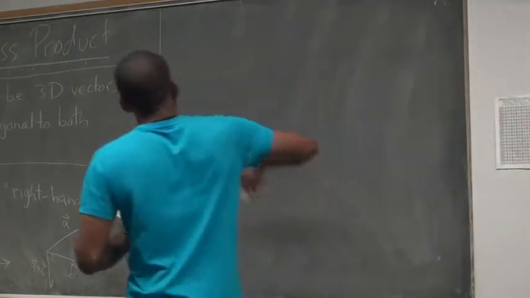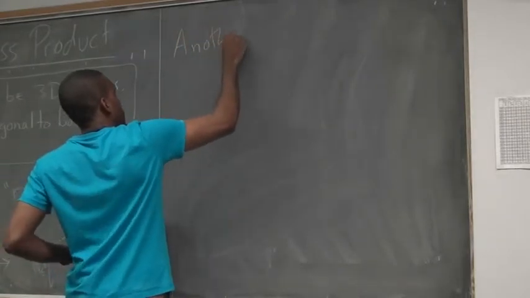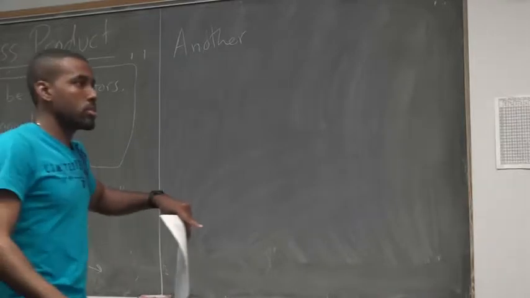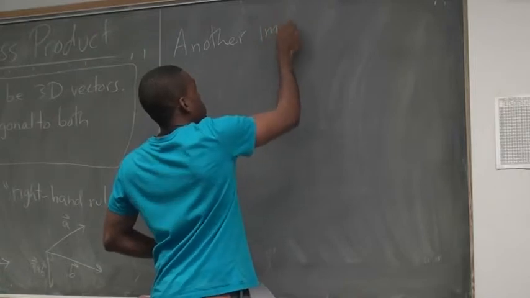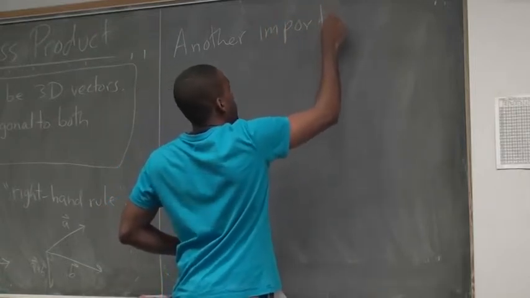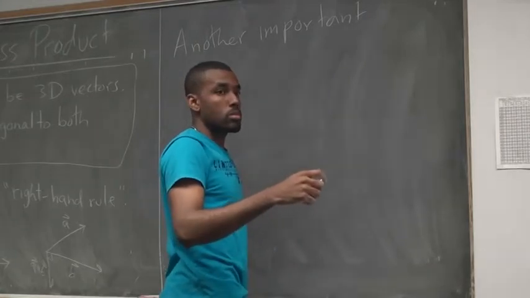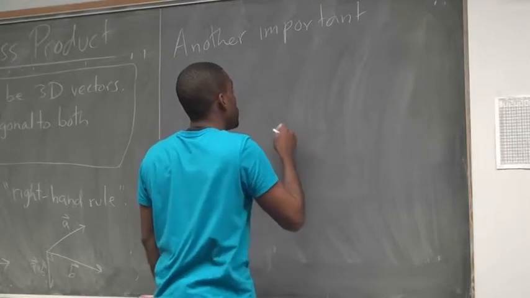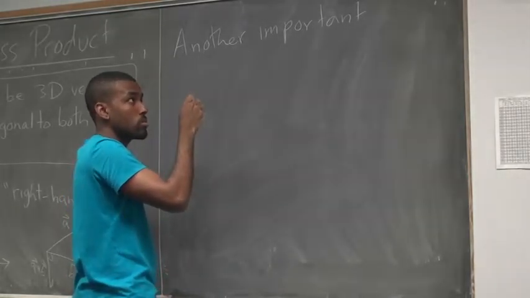There's another important theorem. Remember we had that theorem about the dot product with the angle between the vectors? What was that equation? A dot B is equal to the magnitude of A times the magnitude of B times cosine theta.